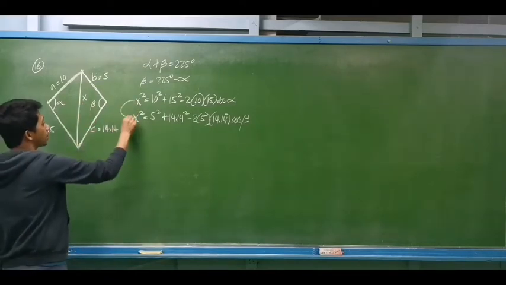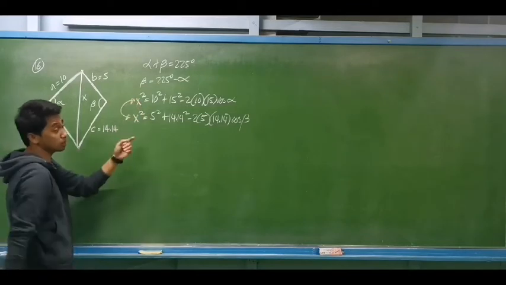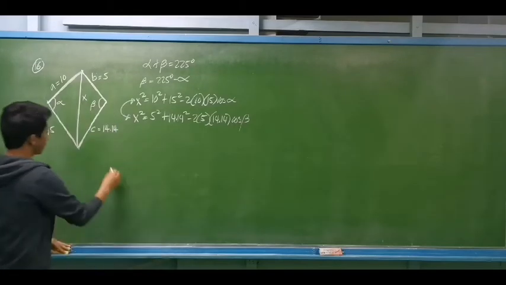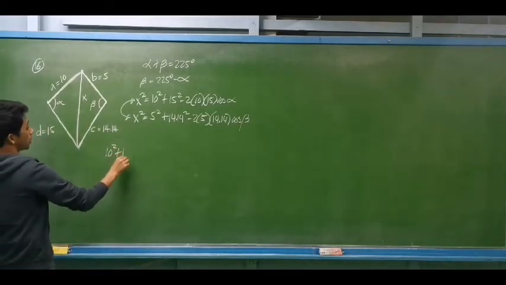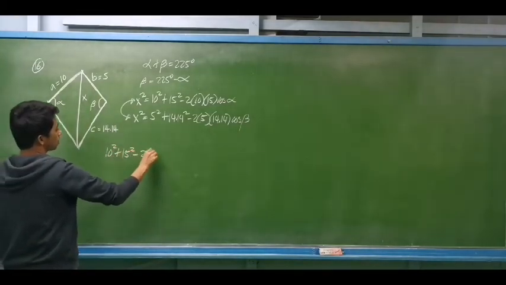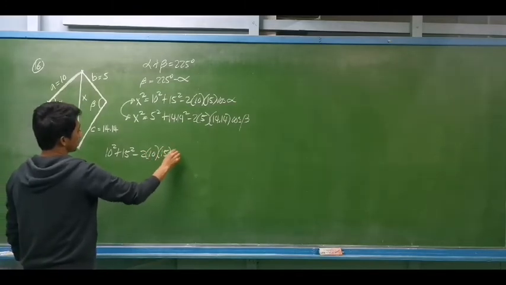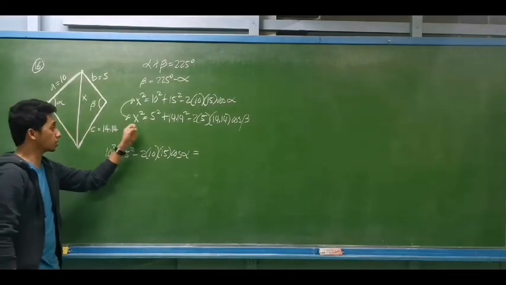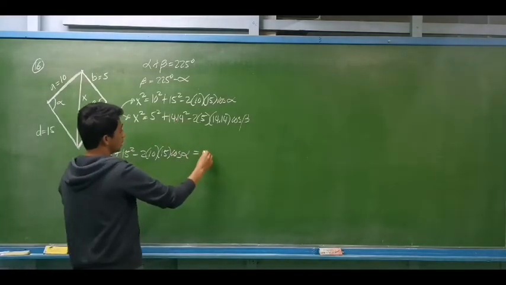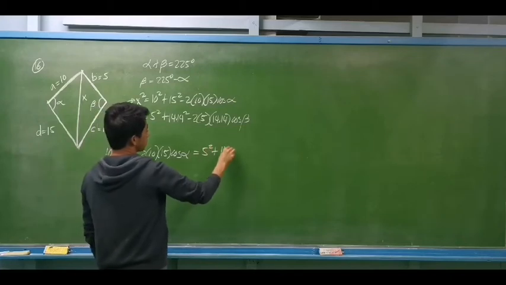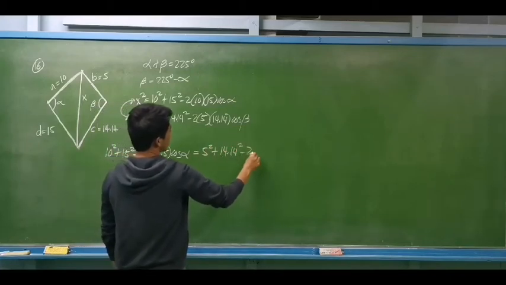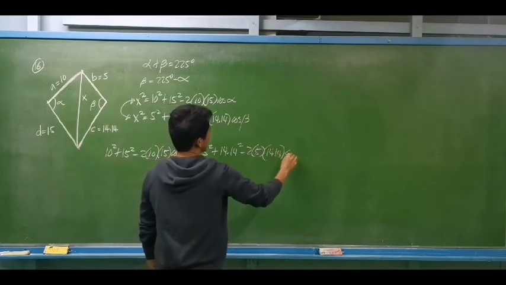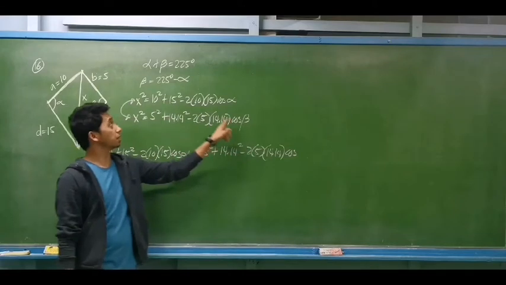Kung equal naman sila pareho, pwede nating i-equate. So yung x squared equal to 10 squared plus 15 squared minus 2 times 10 times 15 times cosine of alpha, equal to 5 squared plus 14.14 squared minus 2 times 5 times 14.14 times cosine of beta. Ano equivalent ng beta?